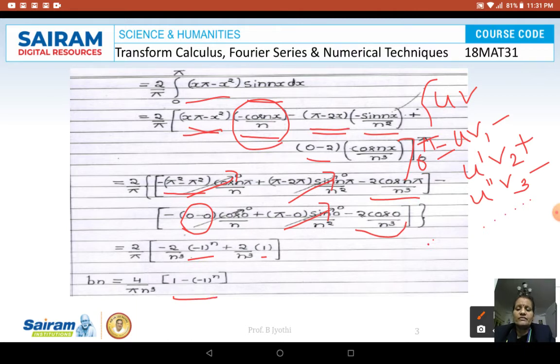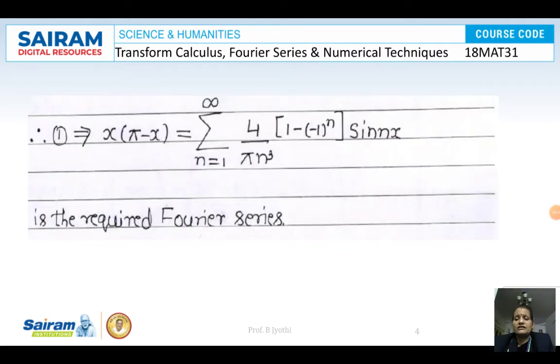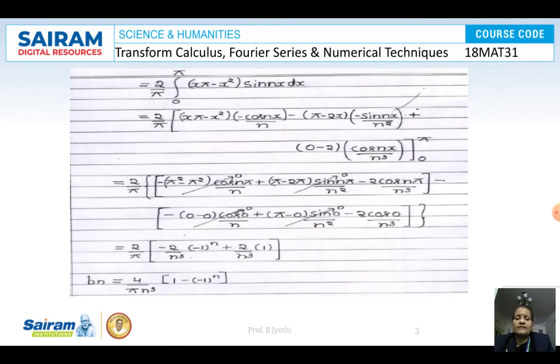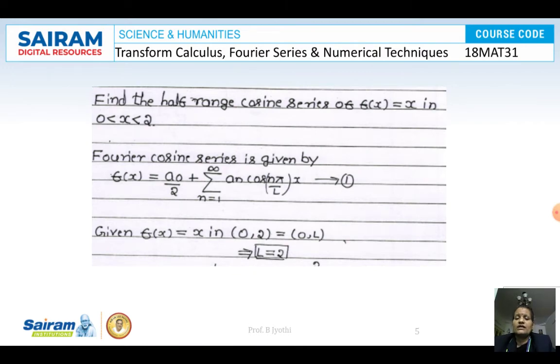This is what we get as the value of bn, which we substitute in the function f of x. So x into (pi minus x) equals the sum of 4 divided by pi n cube into (1 minus of minus 1 power n) into sin nx, which is the required Fourier series.